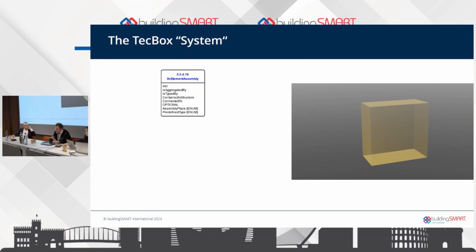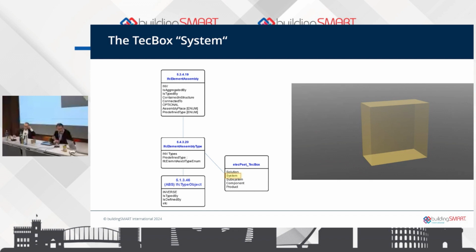So we don't make up something new. It's already in there. So we decided or we propose to use the class IFC element assembly, which can have geometric data but doesn't have to. But in this case, it's LOG 100 if you like to put it into geometric levels.